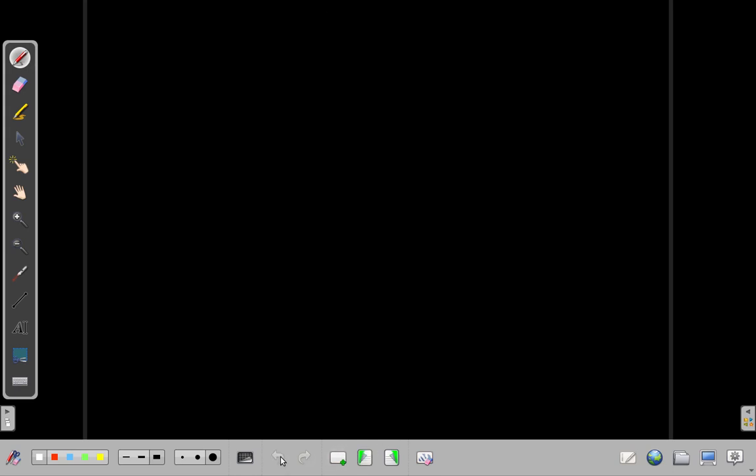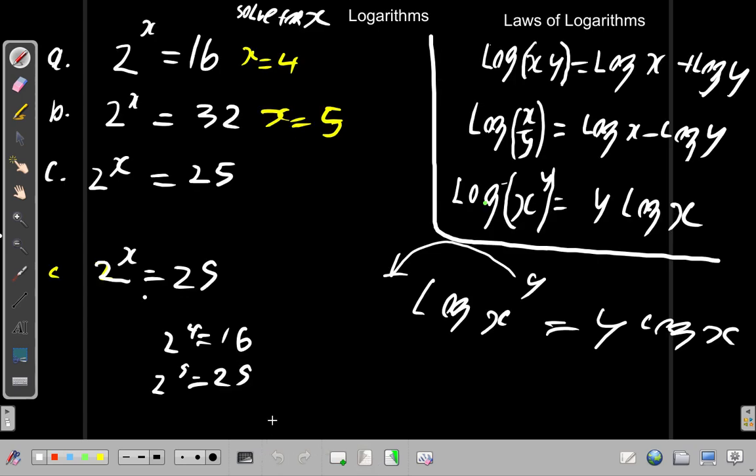So we're going to look at using that law of logarithms. What we do here is to log both sides. Let's write down 2 to the x equals 25. Let me put some space between them. I'm going to log both sides.